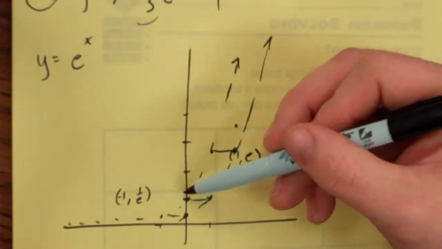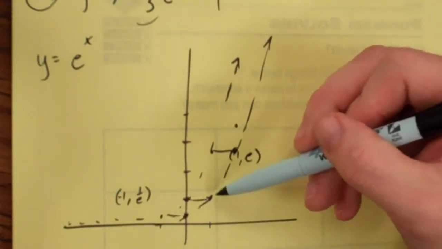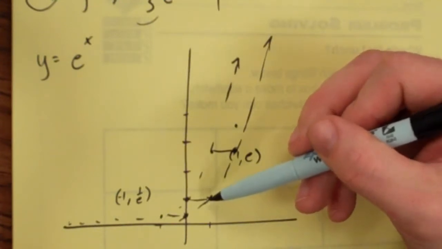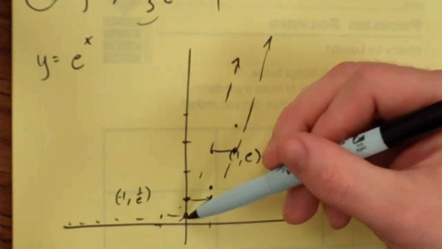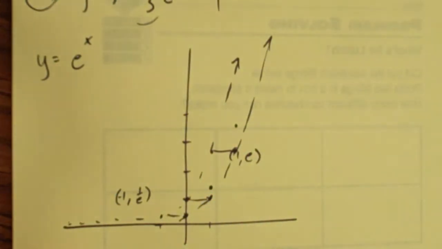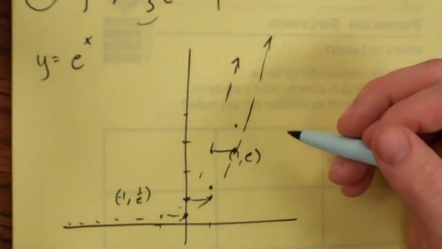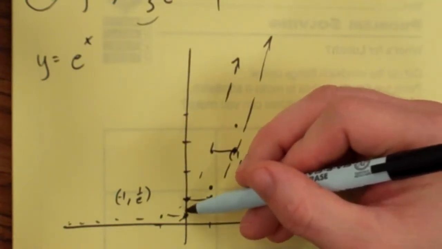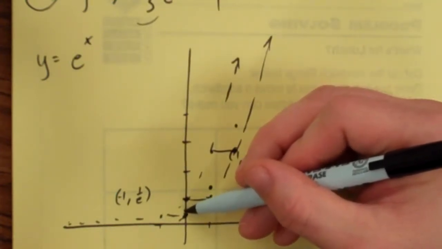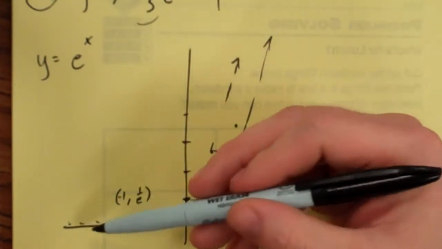This is just 1 times 4/3, that's not hard, that's just 4/3, so 4/3 is right there. And here is 1 over e, so 4/3 times 1 over e. That's going to be 0.491 right here. So 0.491, still less than a half.